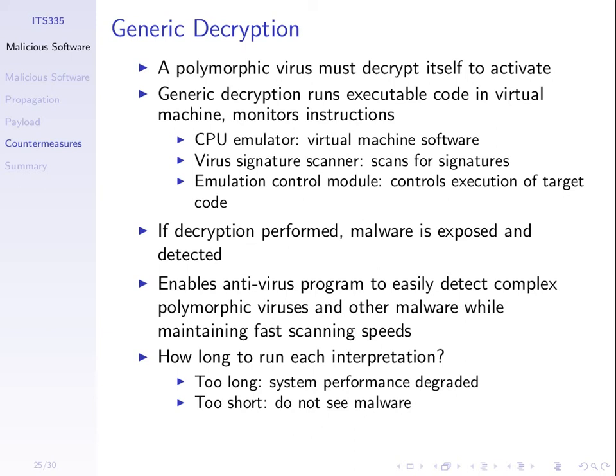It allows the virus to decrypt itself and then run, but it does it all in a virtual machine, not on your real operating system, but in a virtual machine set up by the antivirus software. So that virtual machine really emulates a CPU. So the virus, let's say, is attached to some executable. It's arrived at your computer.